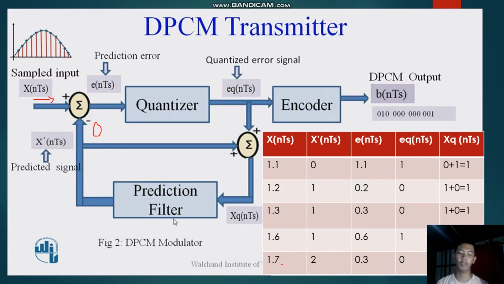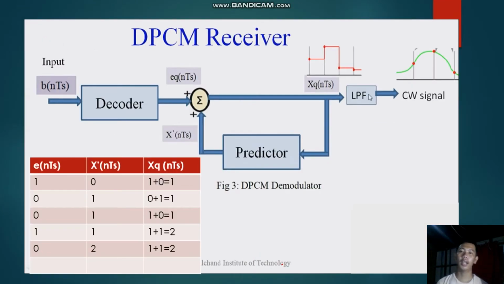So next we have here the DPCM receiver, or how the DPCM receiver works. So first we have here e sub nTs, our input, decoder, adder, our predictor, a low pass filter, and our x hat sub nTs or predicted signal. So we have here our input eq sub nTs of 1, x hat sub nTs, our predicted signal, is 0.